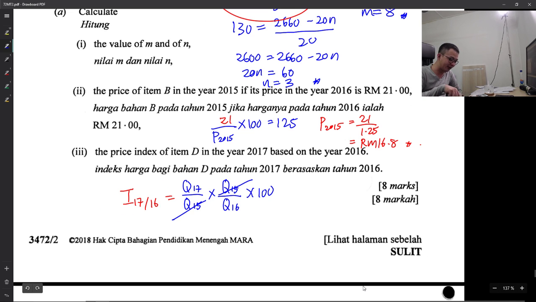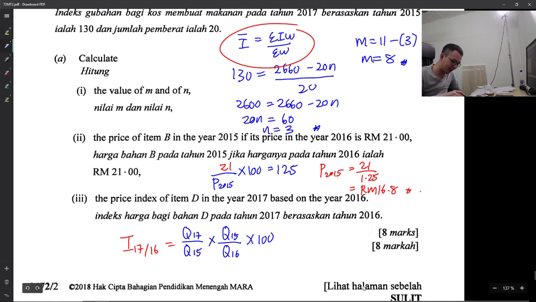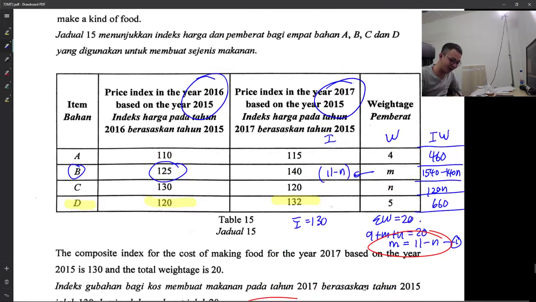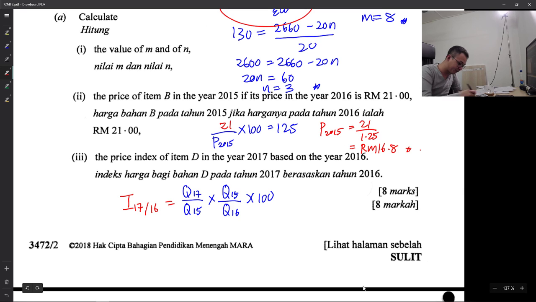So I hope you get what I'm doing here. And then Q17 over Q15 is exactly this one, right? 132. If this one combined with 100, this is the index number 132.